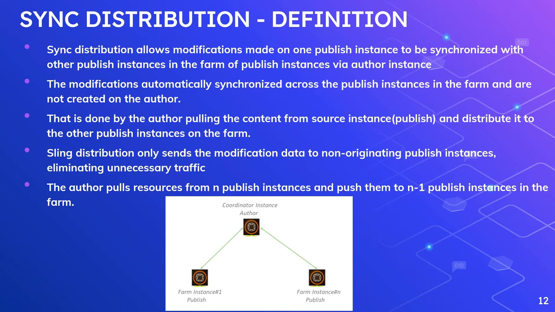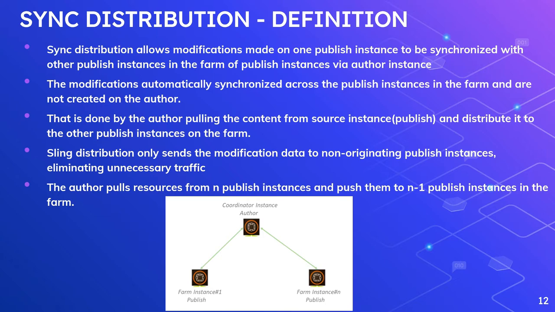If you see the diagram, here author is a coordinator instance between the published instances. So you can have multiple published instances. If you see here, farm instance 1 to n, the changes created on one of the published instances will get synced to all other published instances in the farm through the author.